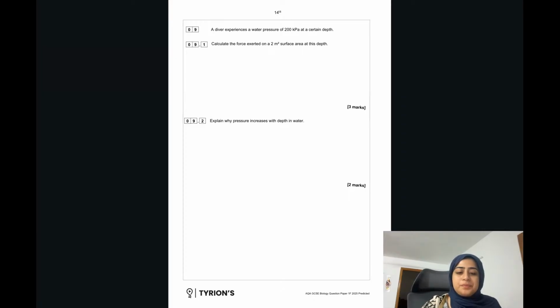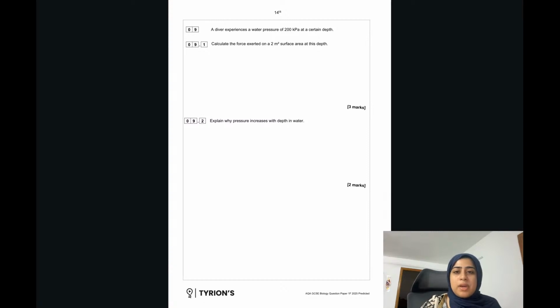Okay. Next question. A diver experiences water pressure of 200 kilopascals at a certain depth. Calculate the force exerted on a 2 meters squared surface at this depth. This is, again, not too difficult.